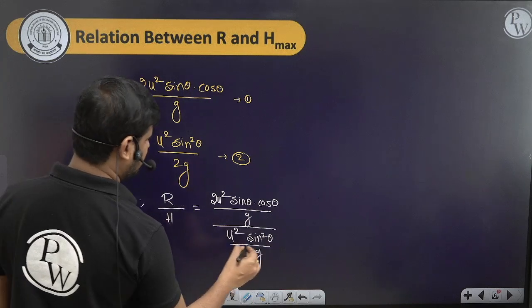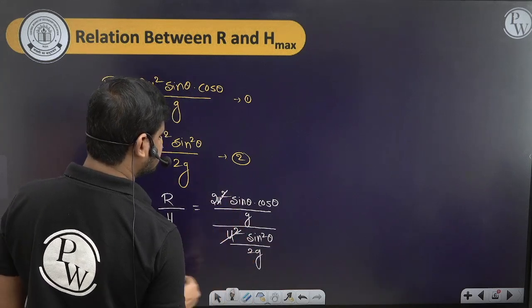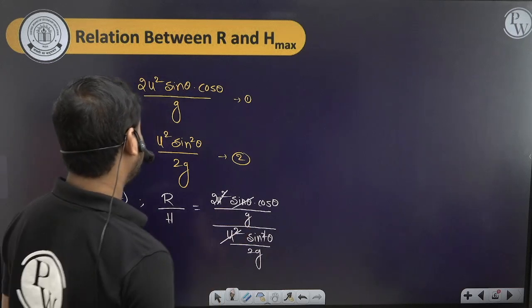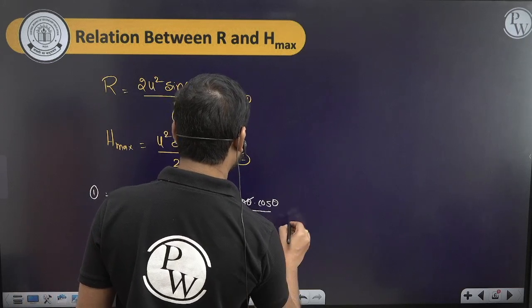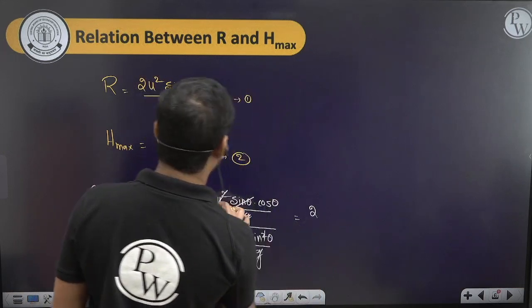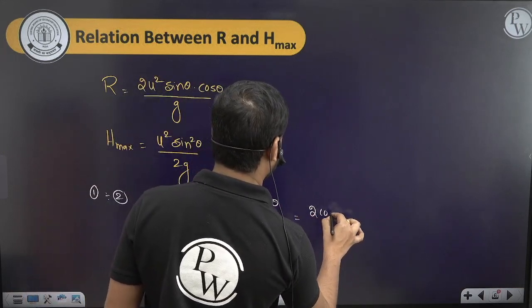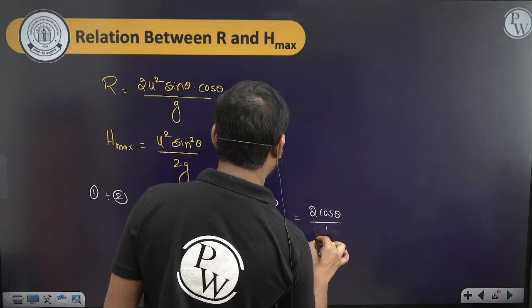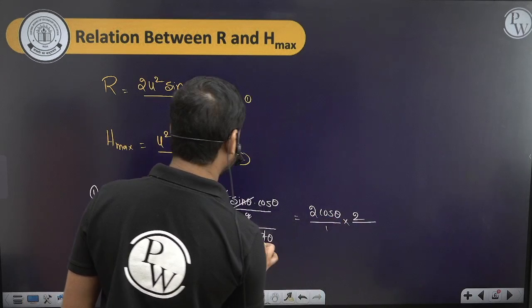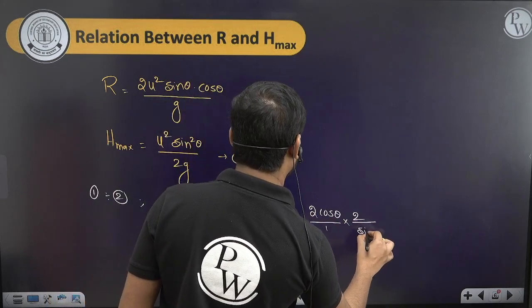So yes, fine. So then u square cancels, so sin square theta, here sin theta cancels, g cancels, so what is left, 2 here, cos theta by 1, into 2 by sin theta, yes or no?